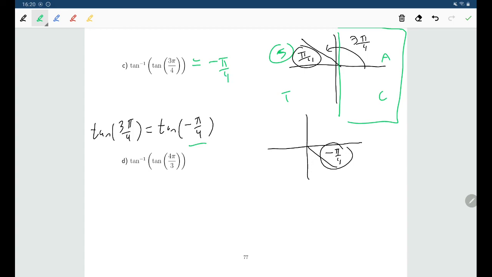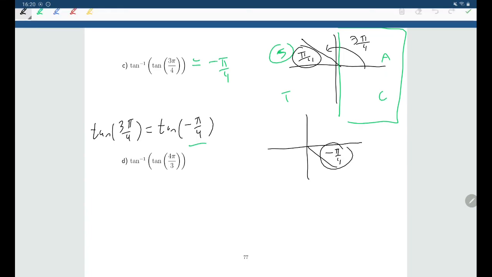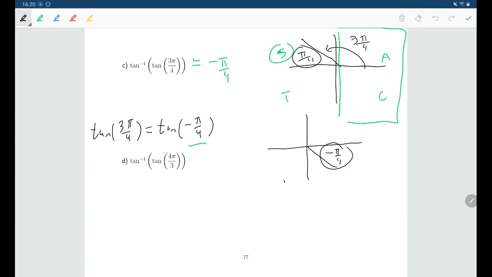And I'll do the same thing with the last problem that I've got here, tangent inverse composed with tangent of 4 pi over 3, where, again, if we're thinking about where is 4 pi over 3, it would be in quadrant 3, where pi over 3 is the reference angle.